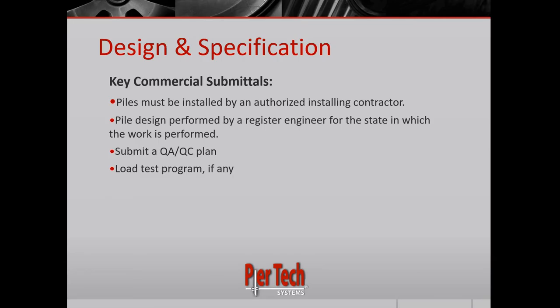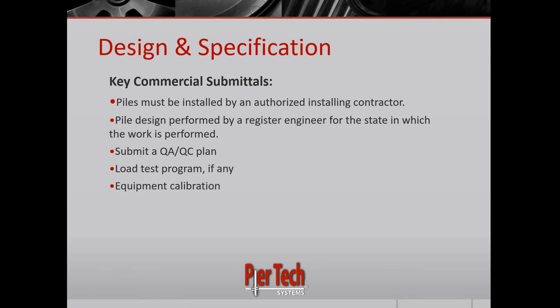So you'll put that information in the load test program along with the equipment that you plan on using and any sort of calibration certificates for that load test equipment. I talked about that in an earlier section, so if you need a refresher, go back to that first section, section 1, to refresh on that load test process. We can also get a little bit more involved with that with you when that comes up.